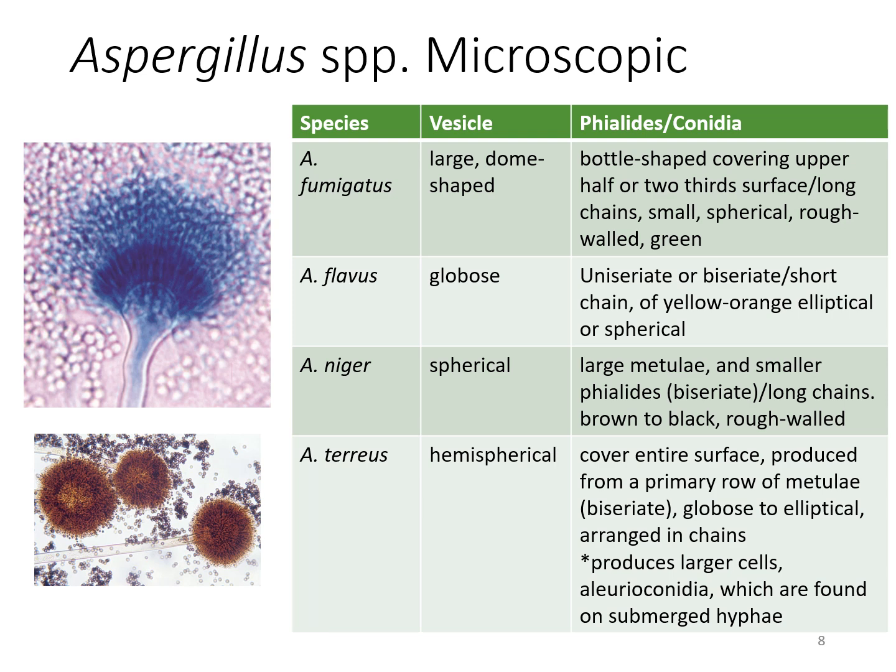So with Aspergillus fumigatus, you'll have a very large vesicle. You can see a large vesicle here. And then you'll have bottle-shaped phialides that are covering the surface.